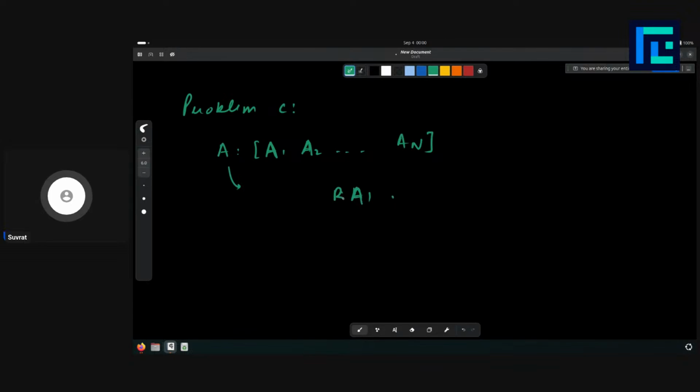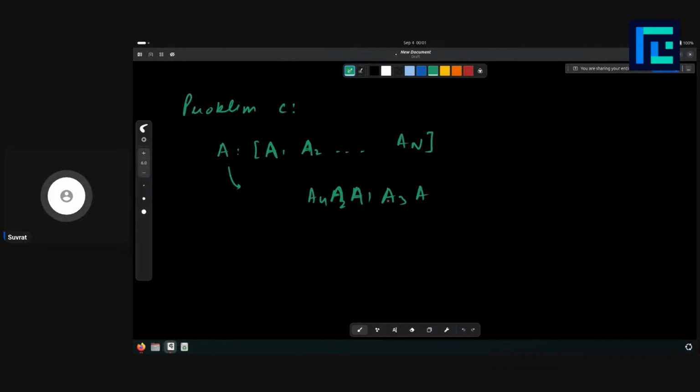So let's just say that Bob placed it before A1, so A2. And then again it's Alice's turn, and so Alice will have two choices now. Alice can either put A3 here, or Alice can put A3 here. So let's say that Alice put A3 here. Then it's Bob's move. So Bob will place A4 here or here.